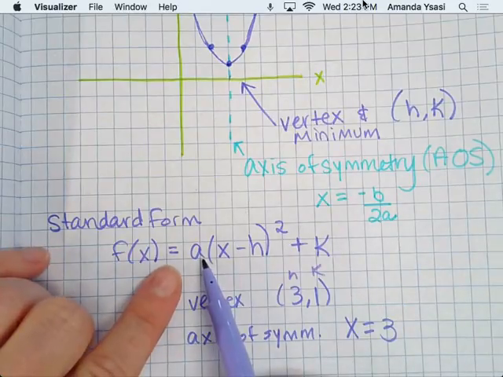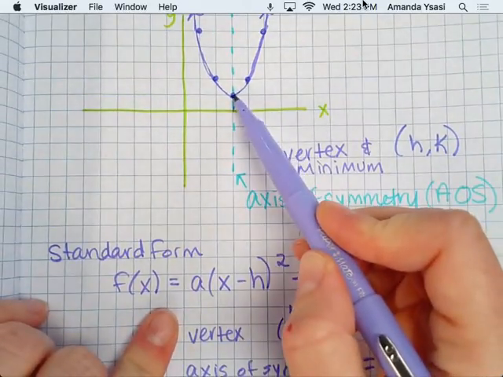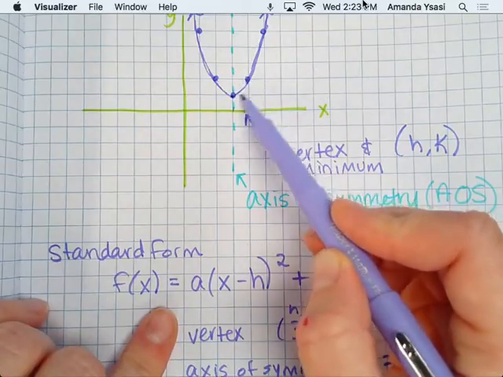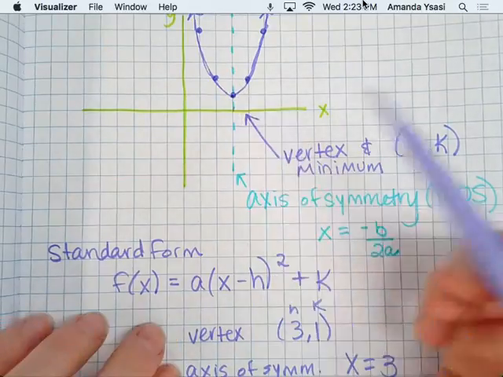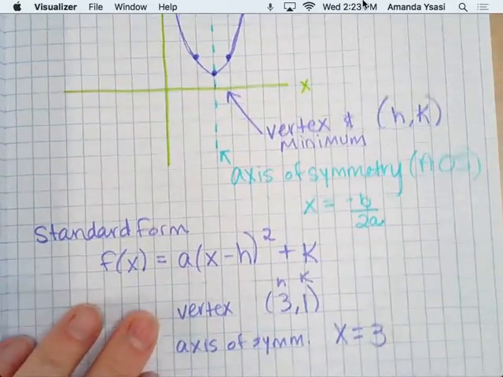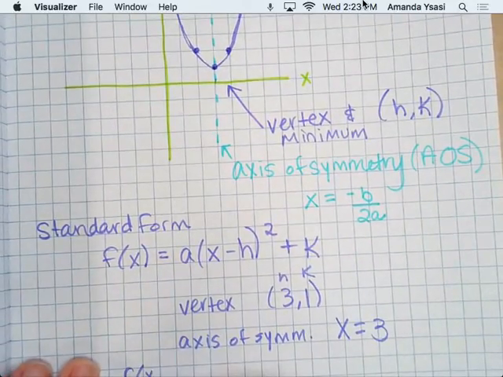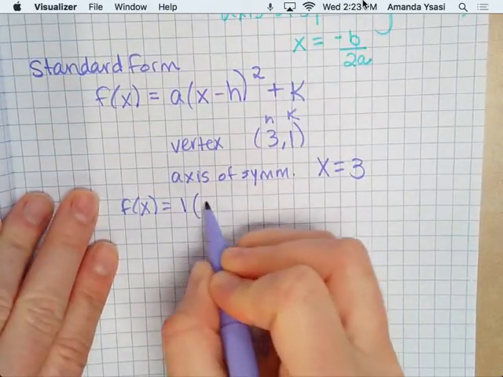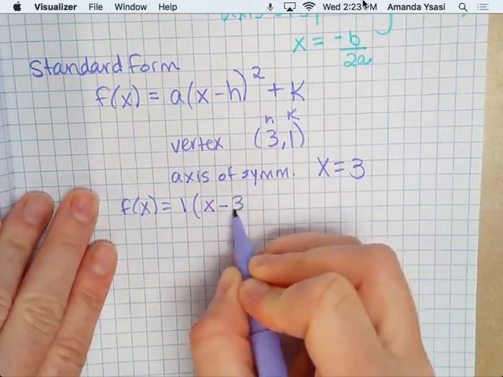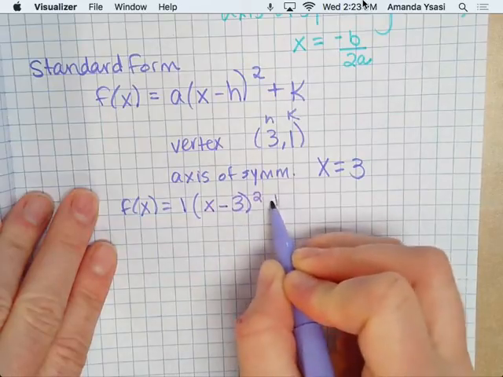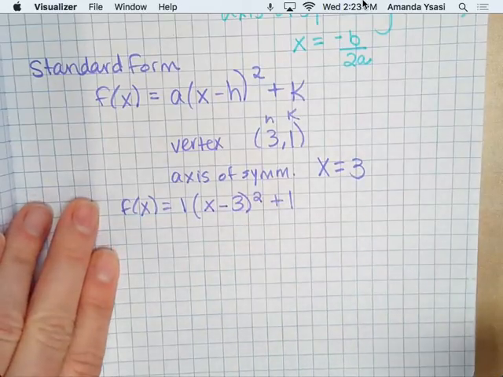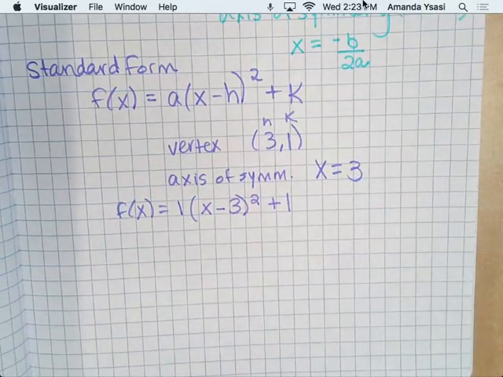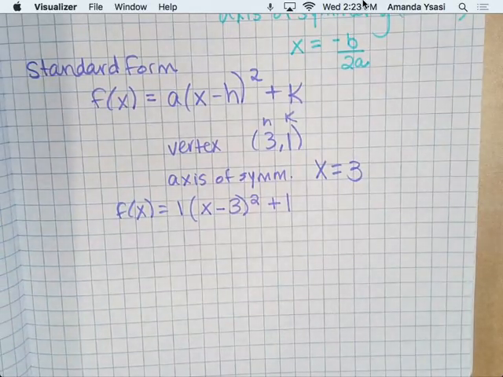And then a is how wide and how narrow it is. So in this case, it's just 1. So if we were to write this function, it'd be f of x equals 1 parentheses x minus 3 squared plus 1. And then if you need to, you can simplify it.